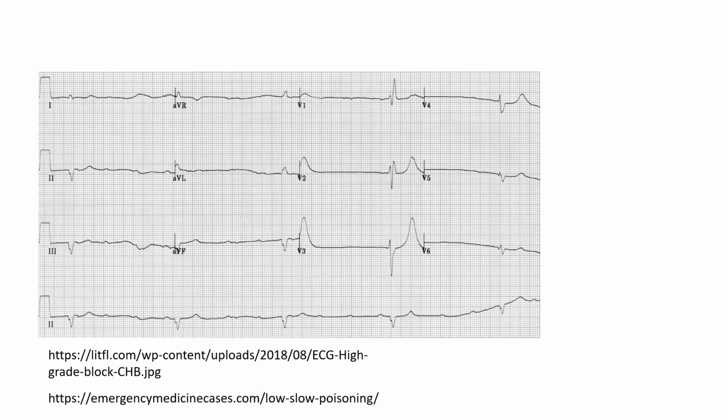This was a patient who has taken a lot of beta blockers as a suicide attempt, and this is the treatment for this. Just remember to give high dose insulin and call your ICU fast, because sometimes they can be dialyzed, sometimes they need ECMO.